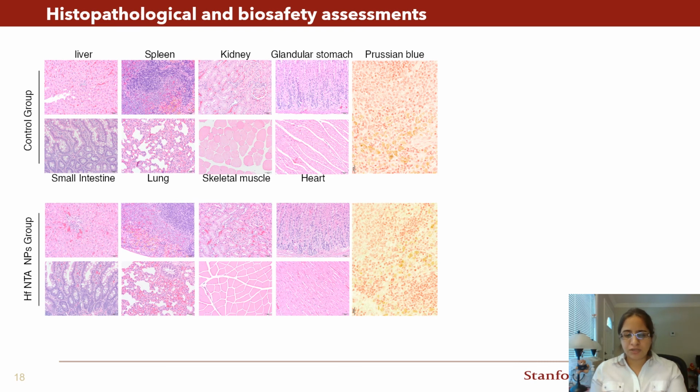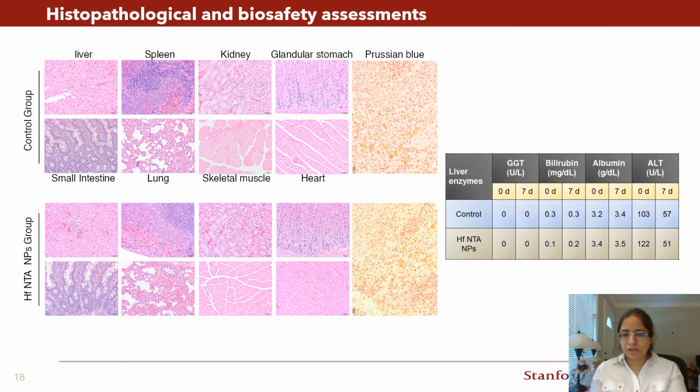The H&E staining of the major organs also did not reveal any differences between the control group and the nanoparticle treated group, as was confirmed by a trained histopathologist. Finally, the liver enzymes were not affected in the control and hafnium nanoparticle treatment group, and they were all at the baseline level. So these experiments corroborate the safety of these nanoparticles.